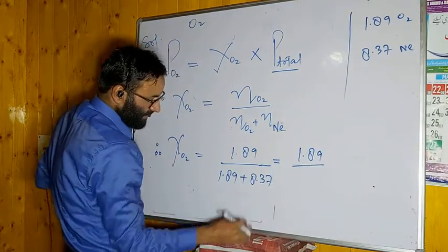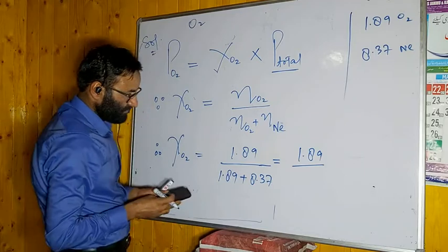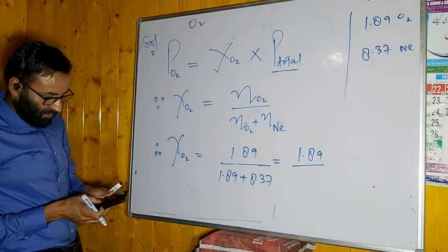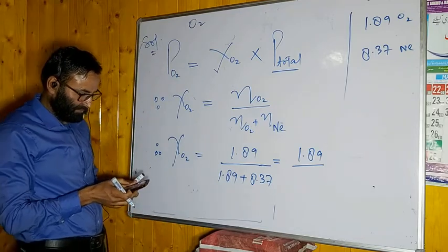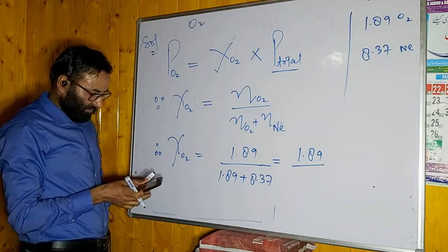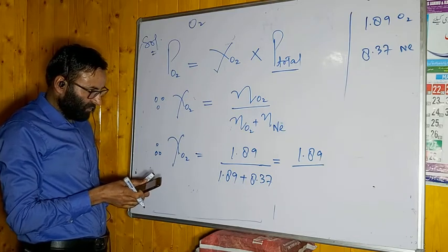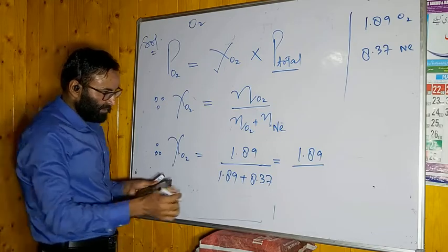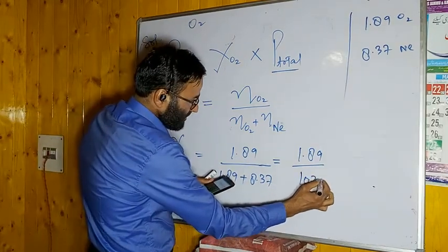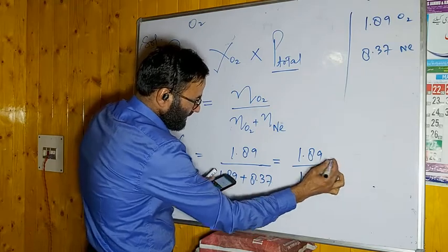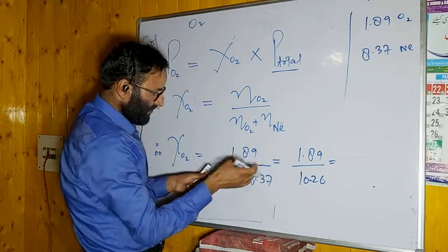First you can add these two: 1.89 plus 8.37 is 10.26.